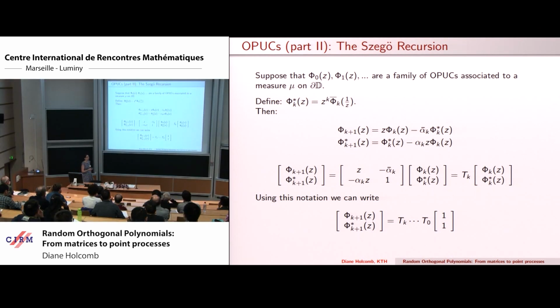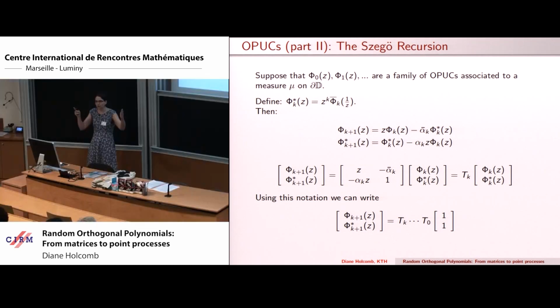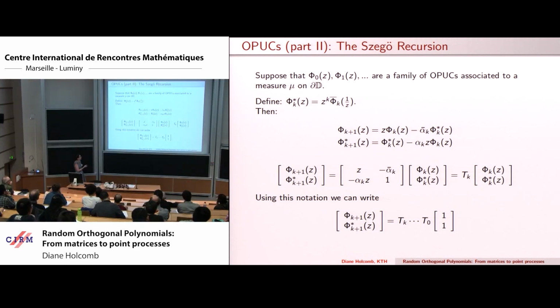What you should think of is that you take all of the coefficients of your polynomial and you just reverse the order. So the constant term now becomes the z to the k term, and switch them all around. If you do that, you can build the next term in your sequence by doing this recurrence, which we can code into matrix form this way.